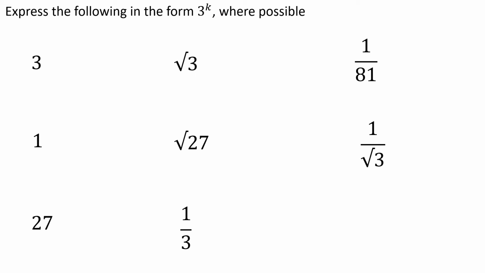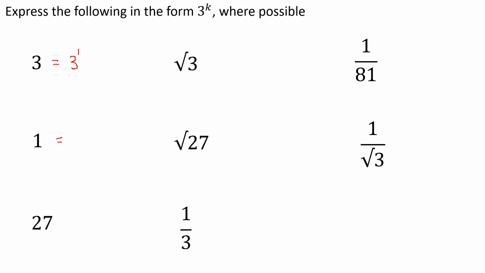If we look at our first example here, 3, how could we rewrite 3 so that it is in the form 3 to the k? Well, rule 3 says that a to the 1 is always equal to a. So 3 to the power of 1 is equal to 3. Next example, rule 2, we've got a to the 0 is equal to 1.